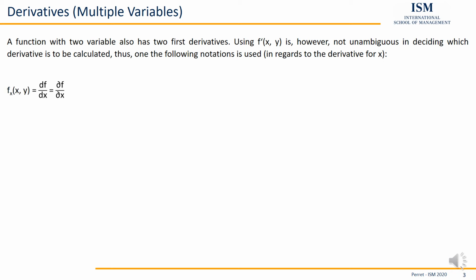Instead, we use one of these types of descriptions or notations. For example, fx means the first derivative of the function f with regards to the variable x. We could also write this as df by dx or del f by del x. The last one is particularly used if we talk about partial derivatives.